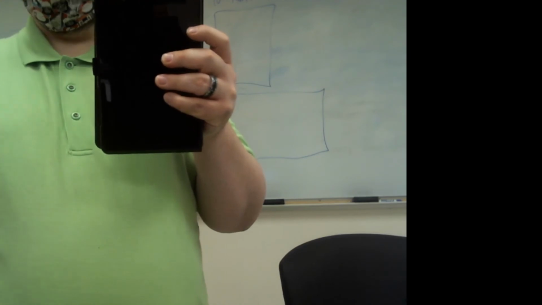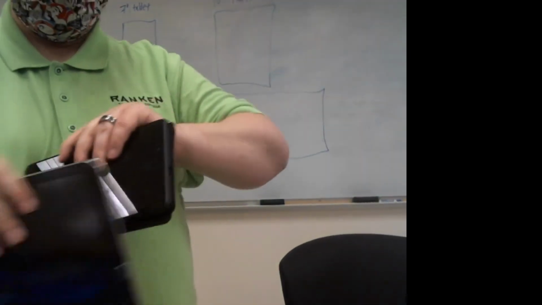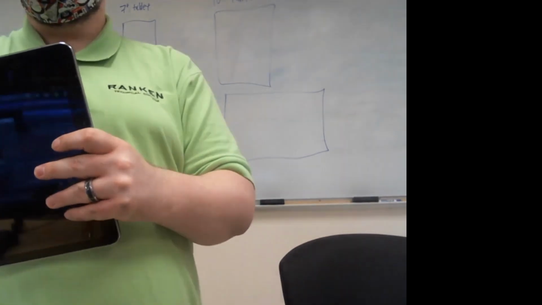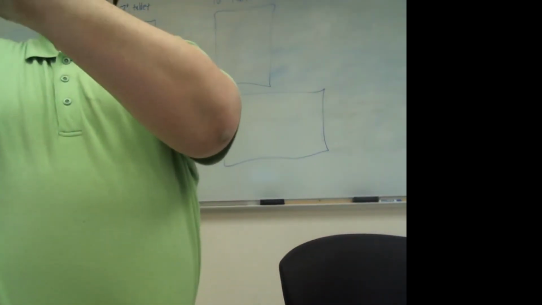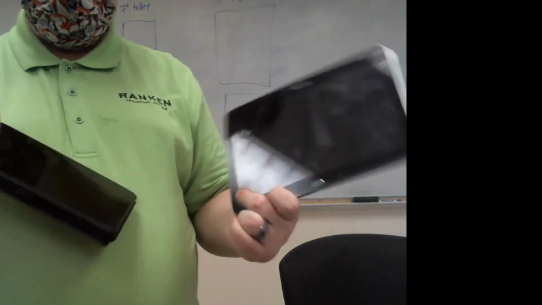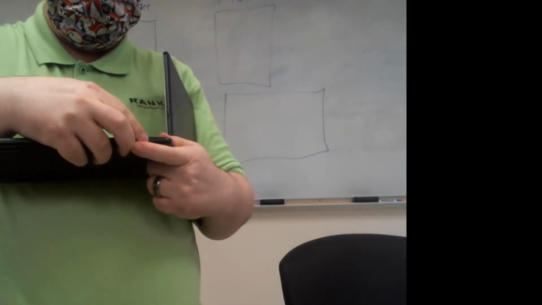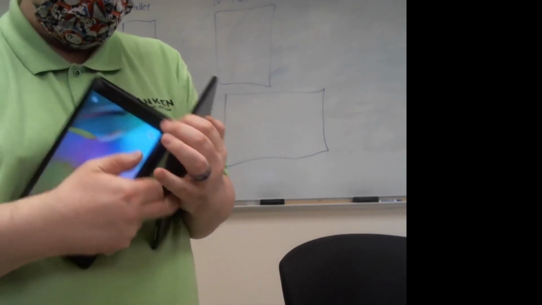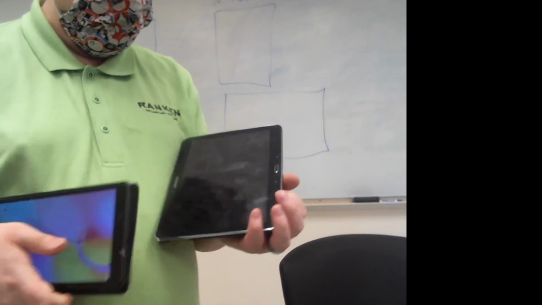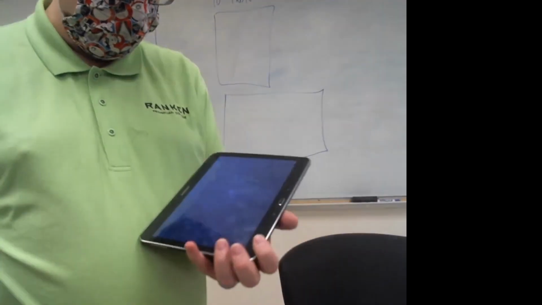Does that make sense? Look at the next step up. This in landscape is pretty close to that in portrait. If I turn the screens on, it might be more clear, because the screen doesn't extend all the way to the edge. Notice you're working with the size of the actual screen and not necessarily the size of the device.